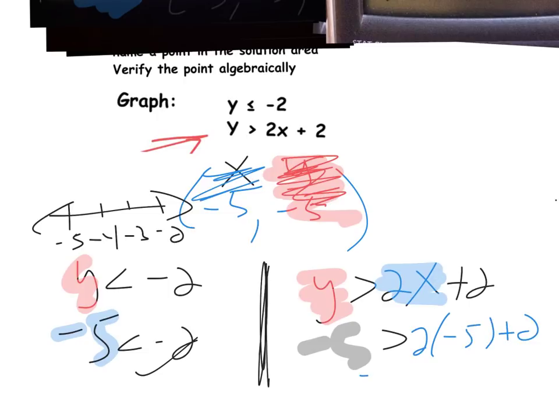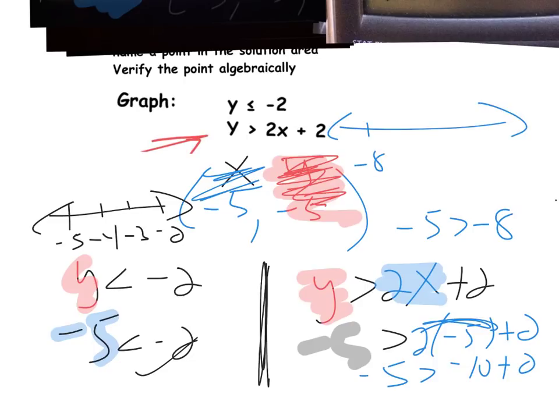So I have negative 5 is greater than or equal to negative 10 plus 2, which is negative 8. And if I think about where those numbers lie on a number line, remember the negative numbers kind of work opposite. Here, negative 5 is greater than negative 8, it's more to the right. So my point, negative 5 comma negative 5, verifies both inequalities.